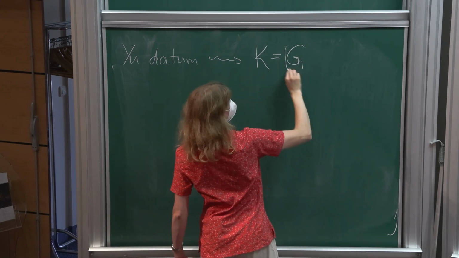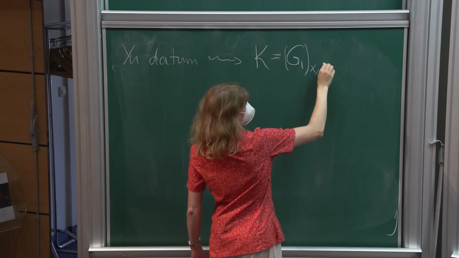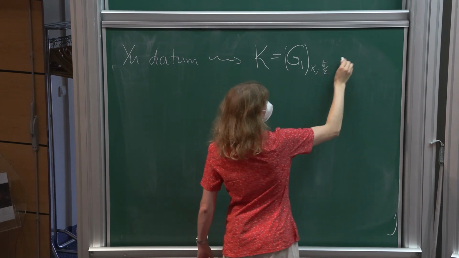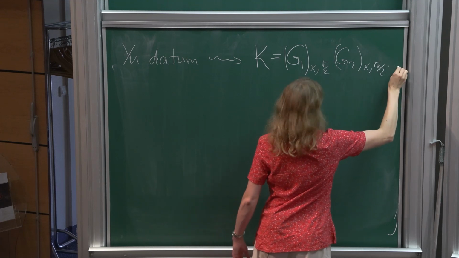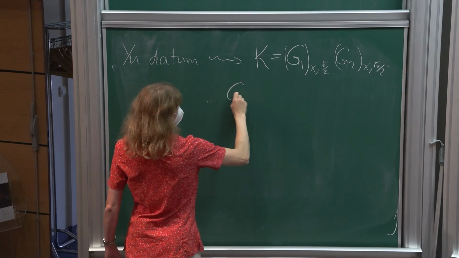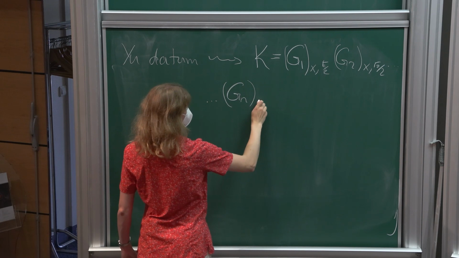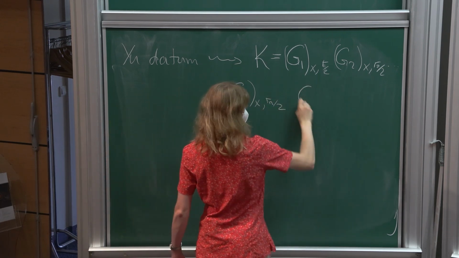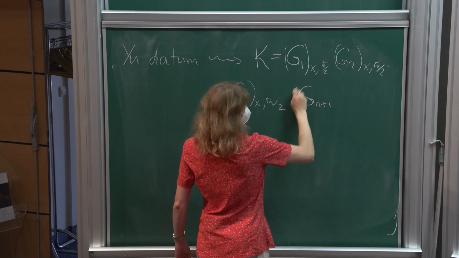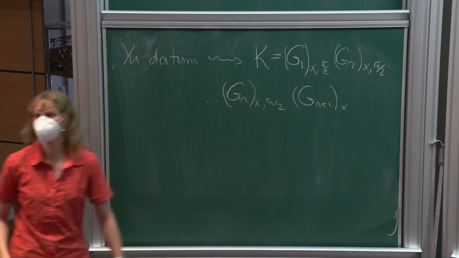So we take G1 at x of depth r1 over 2, G2 at x at depth r2 over 2, and so on and so on, up to the last one, Gn at point x of depth rn over 2. And then you add the depth 0 piece for Gn plus 1. So there you take just the stabilizer of x.